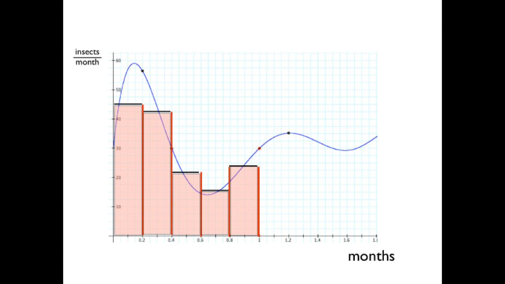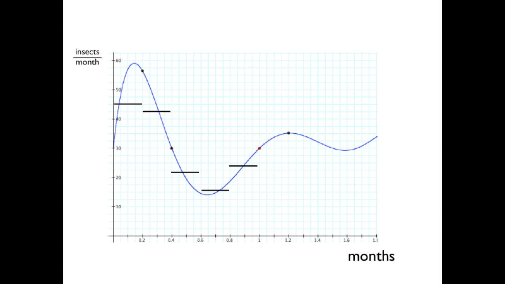If you thought about areas, yes, we're going to get to area, but in order to talk about area, we first have to get settled that this is not about area. What does area have to do with population of insects?